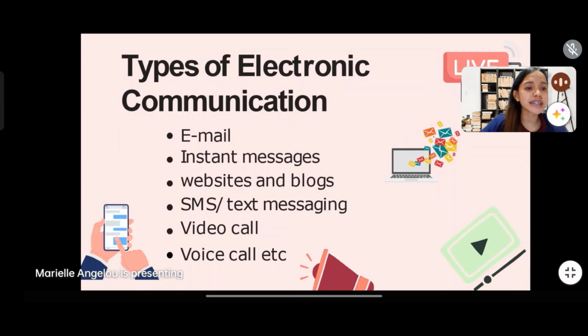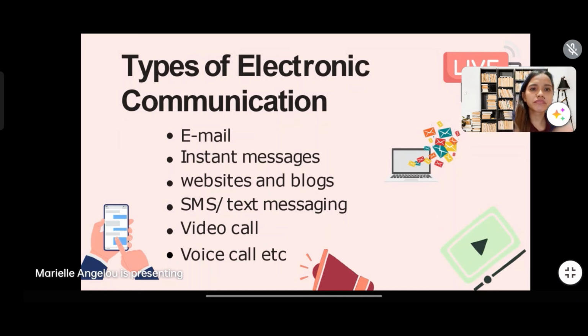Examples are notable websites such as Google, Facebook, Amazon, and Wikipedia. Next, a blog is a discussion or informational website published on the World Wide Web.